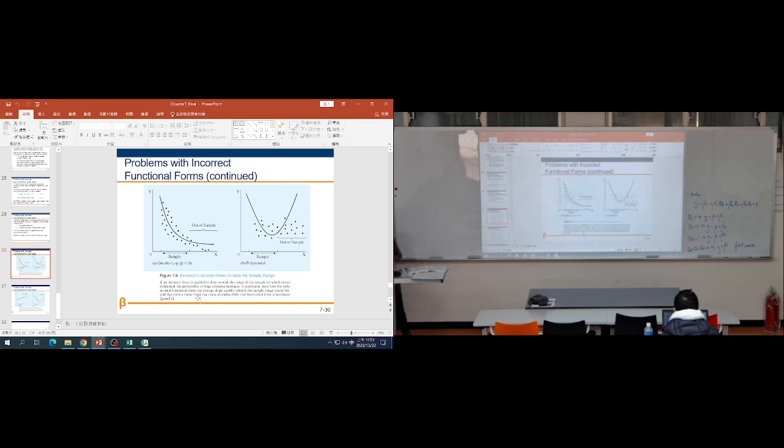Okay, problem with the incorrect functional form. Look at the first one. This is double log. So usually double log looks this way, if the beta is less than 0. It's like this, and these dots are the data. But they pointed out that if I have some data which is out of sample, it means they save some data.